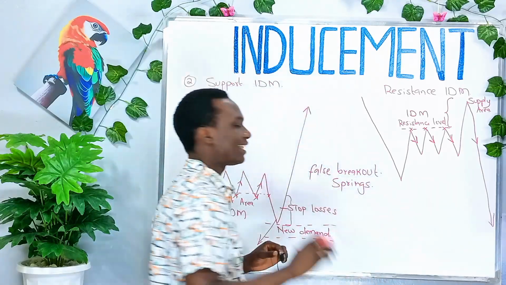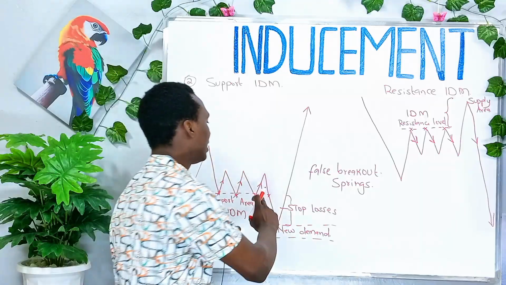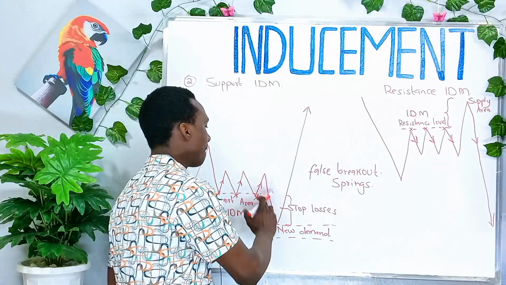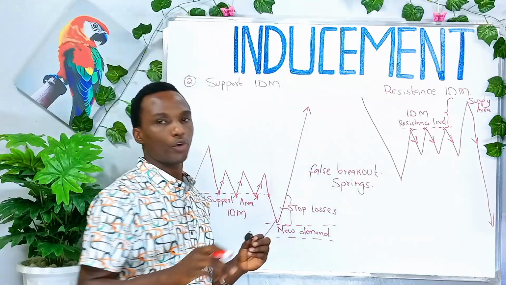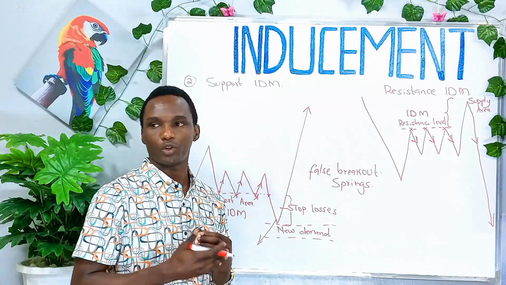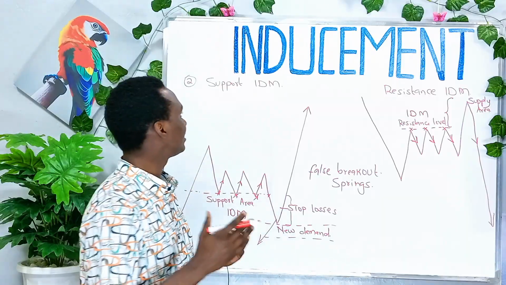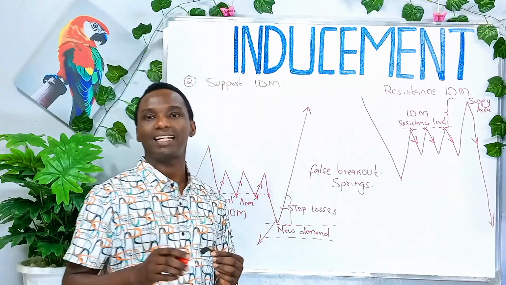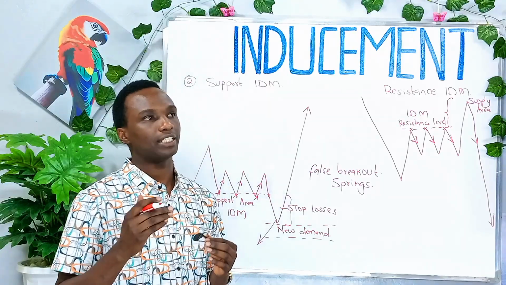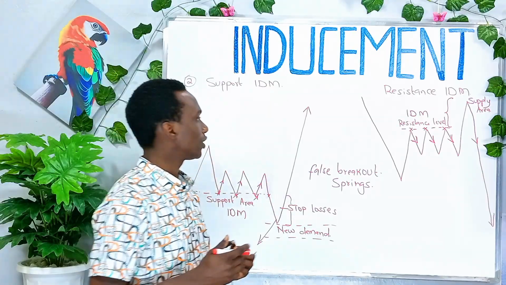But in this case, they are inducement levels which take liquidity below here before going to the desired direction. Okay, good. So, onto the last type of inducement, we said these are consolidation inducements.